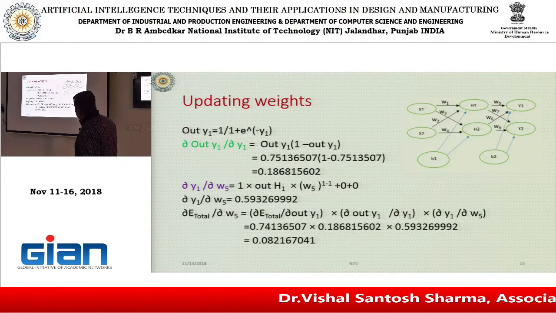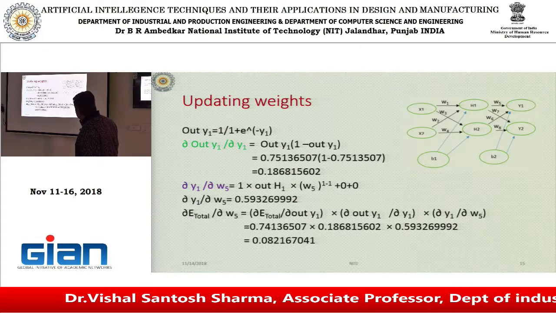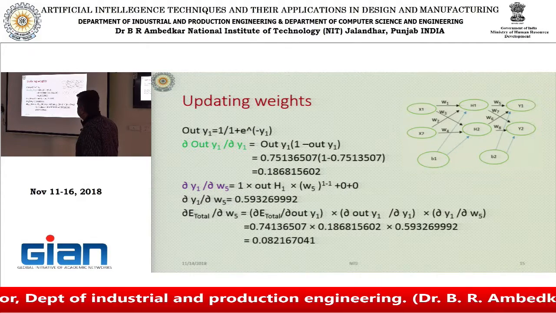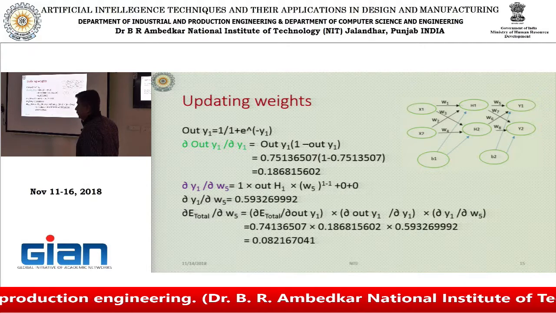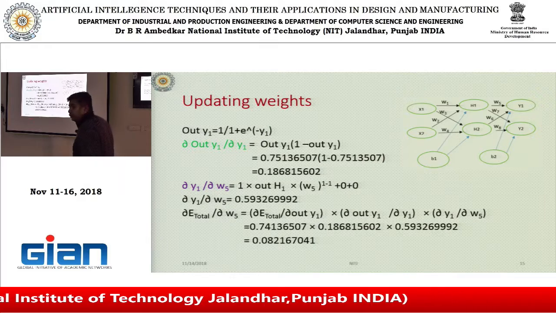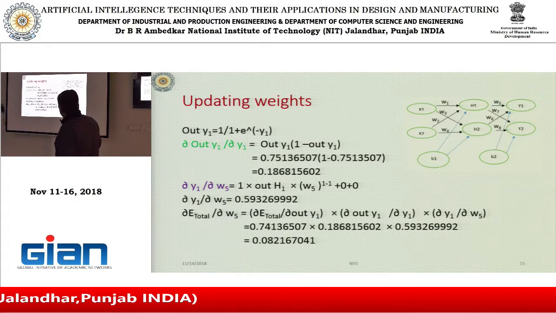Once you have calculated each of these terms, you finally put them together, and this gives the partial derivative of the total error with respect to W5. This is the error which you get.